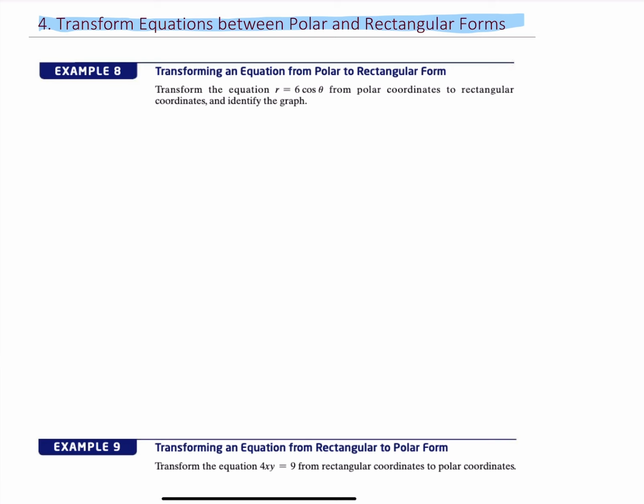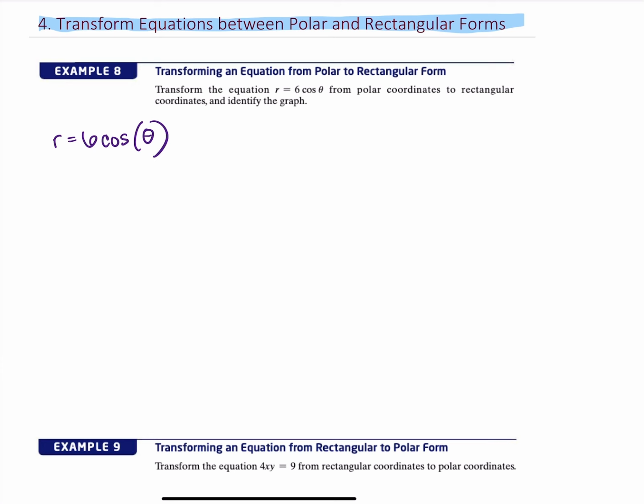So in example 8, they tell us we have a polar equation, r equals 6 cosine theta. Up until now, we've had x and y in our equations in the rectangular coordinate system. Those are our two variables. Well, the variables in a polar system are r and theta. So those are the things that you see show up in a polar equation.